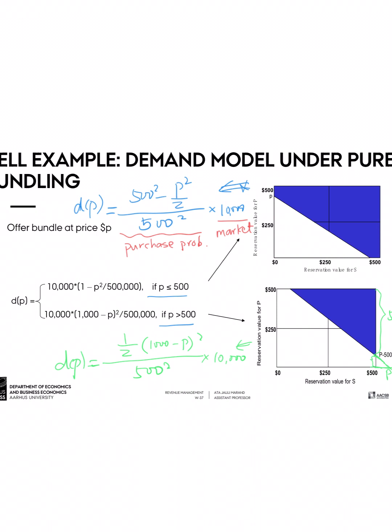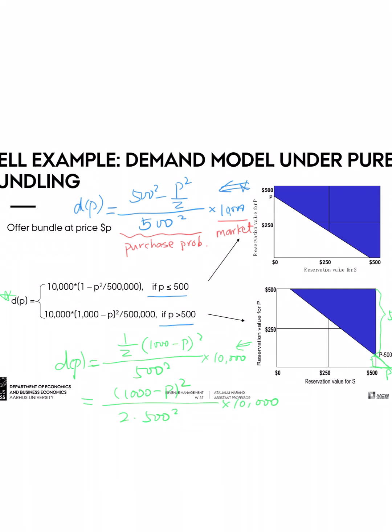If you rearrange these two demand functions, you get the function shown here. Let's quickly rearrange a little. The second one is easy to rearrange: 2 times 500 squared in the denominator, and then times 10,000. This is the second part of the demand function.